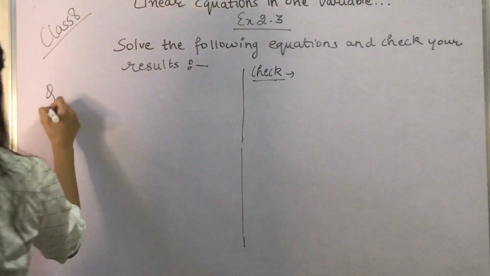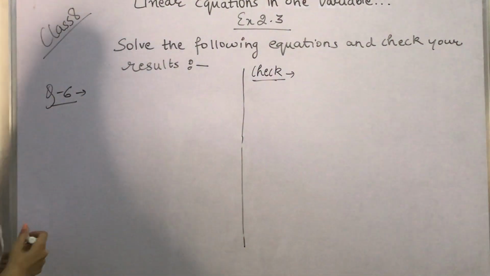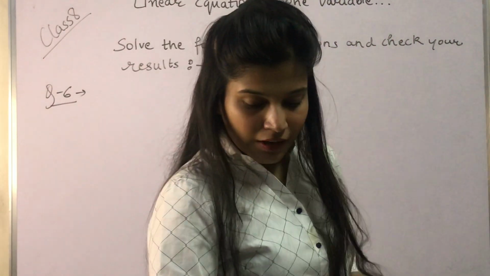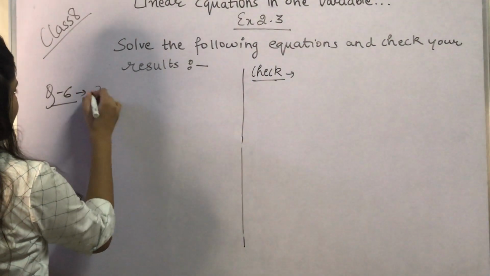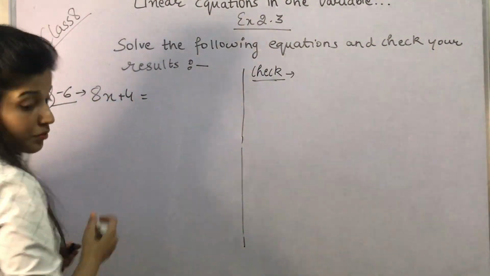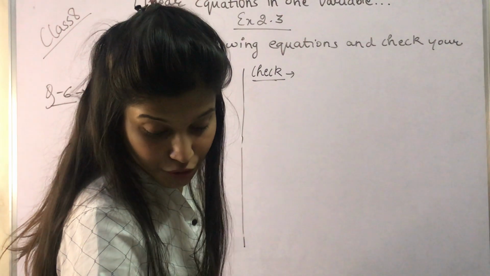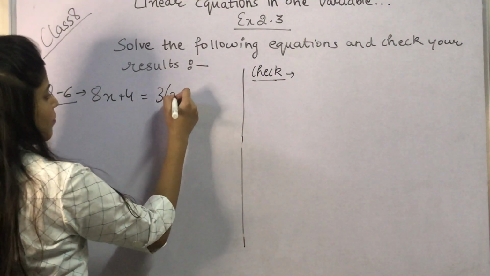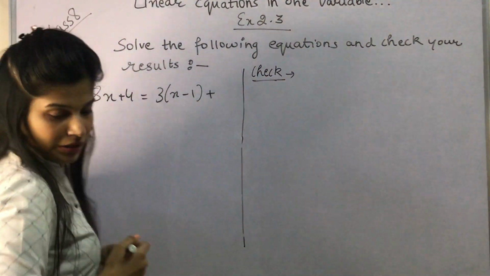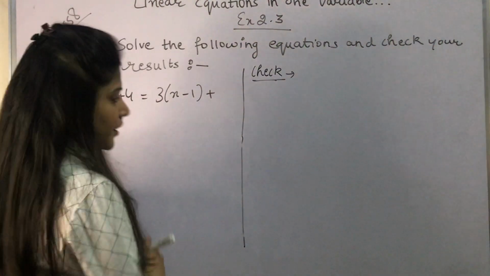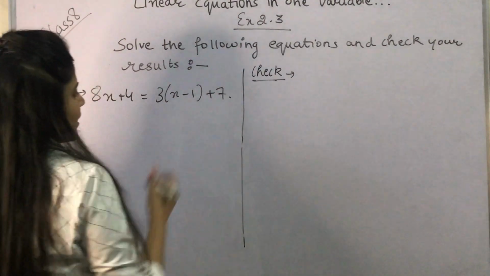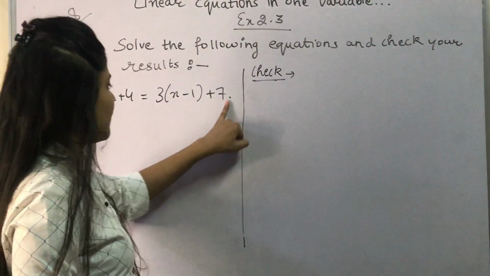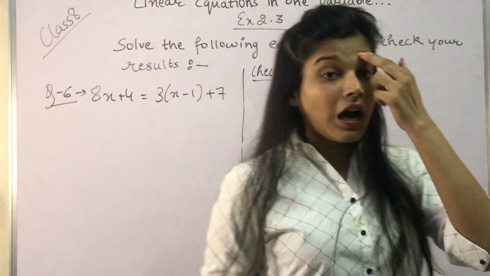So question number 6 is 8x plus 4 equals to 3 into x minus 1 plus 7. So we have to solve this equation and check our answer.